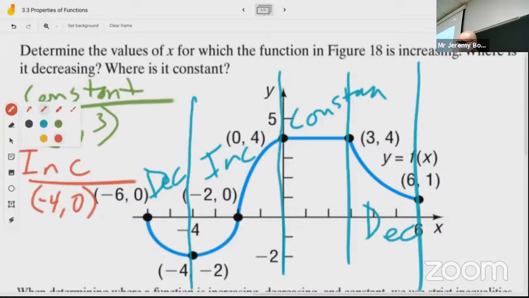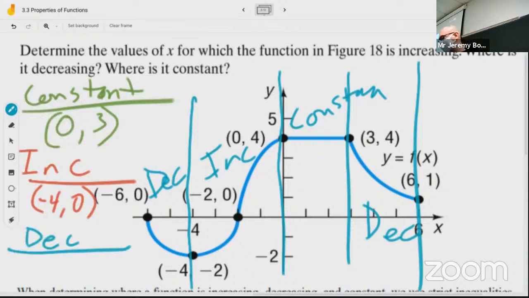And then the last one, decreasing. What are we going to put for decreasing? -6 to -4. And then we're going to union it. Yep, exactly. And we're going to put what? 3 to 6.